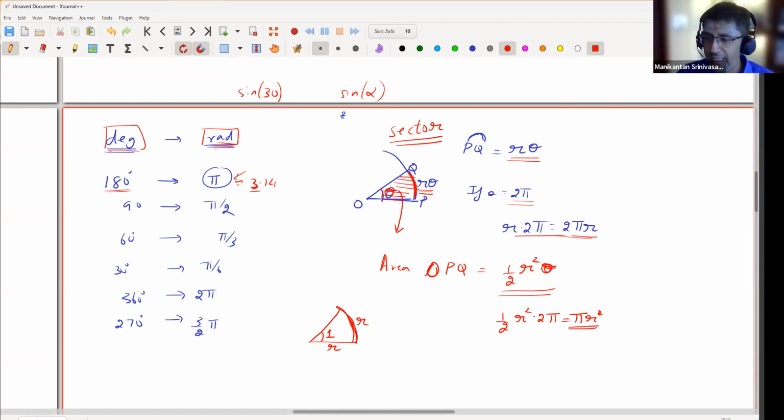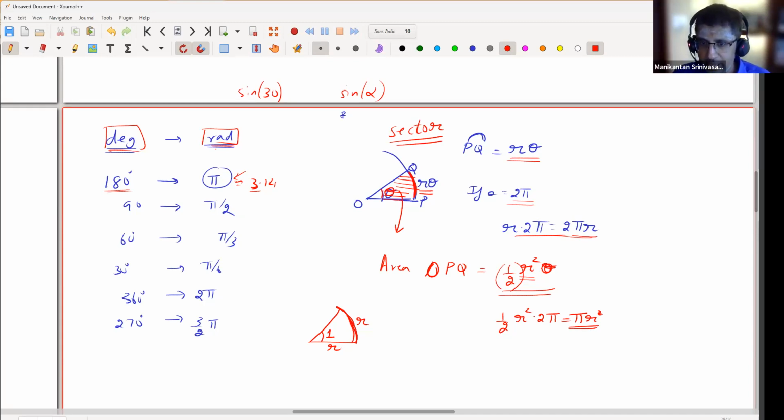Angle does not have any dimensions at all; angle is unitless. R is a length, and half is just a number. Half times r square times theta would be a length squared, so the units make sense. That's an area, right? It's always good to do a dimensional check.